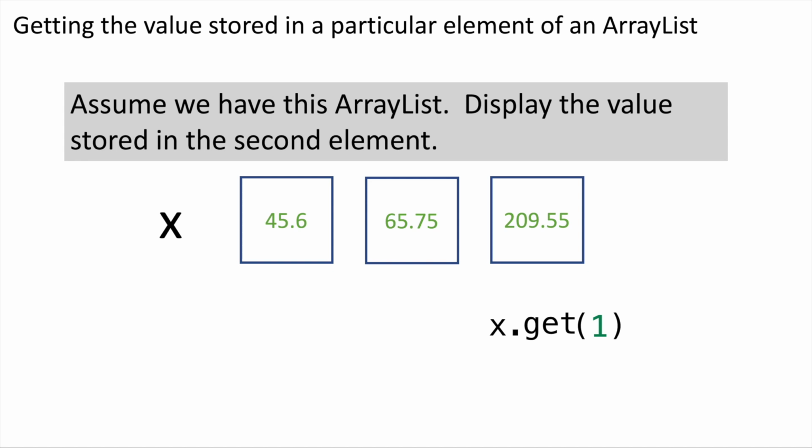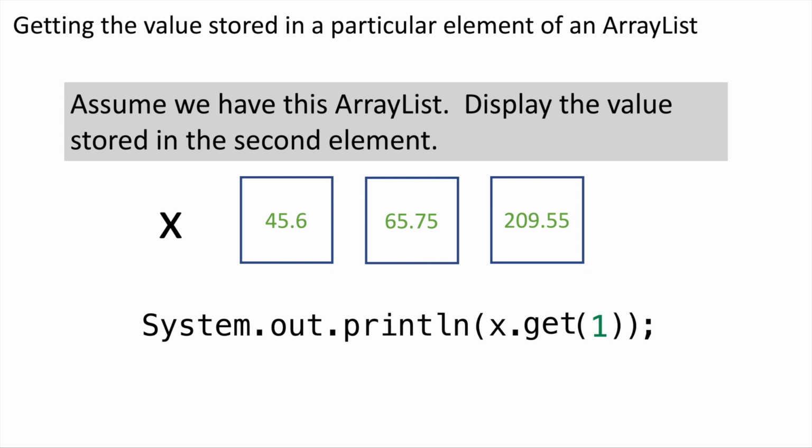So x.get(1) is what we need. And see here we have a normal bracket, not square bracket. Of course, if you want to display it on the screen, you can add System.out.println, and this way it's a full line that will display the element for you.